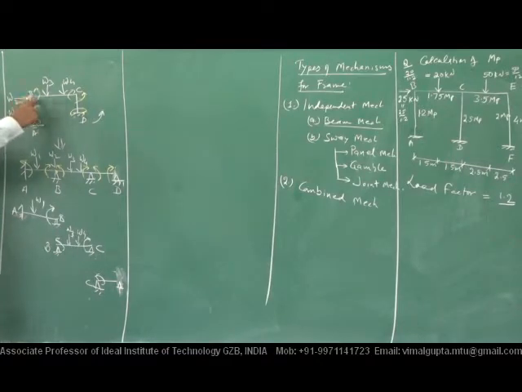Because joint B is rigid, the moments are in equal and opposite directions: this one anticlockwise, this one clockwise. Clear to everybody? Here also, equal and opposite. Equal and opposite moments have been produced only due to the rigidity of the joint.